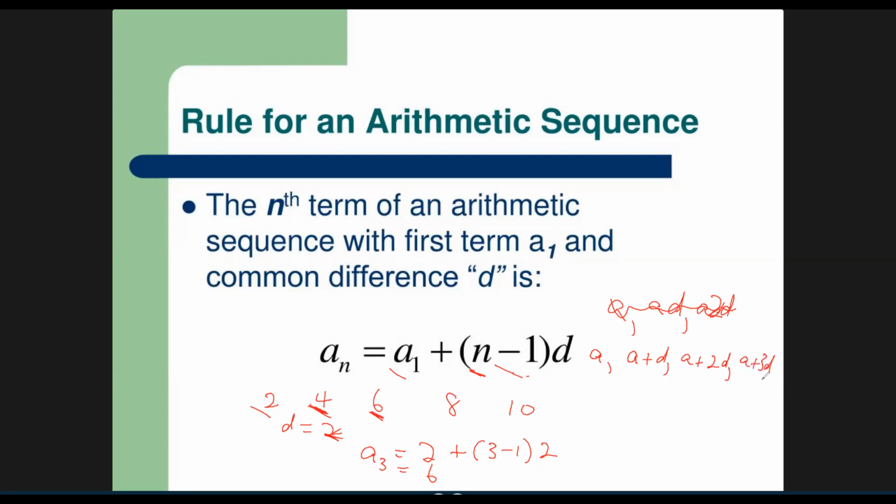Do you notice that? First term, no d. Second term, 1d. Third term, 2d. Fourth term, 3d. So the number of d's is 1 less. That's where that formula comes from, right?